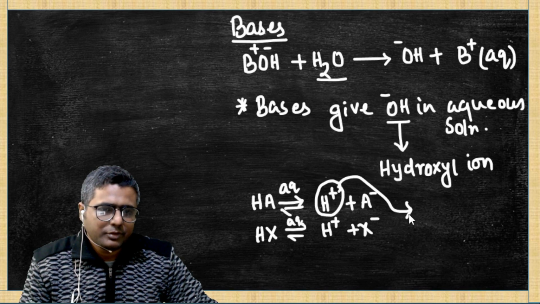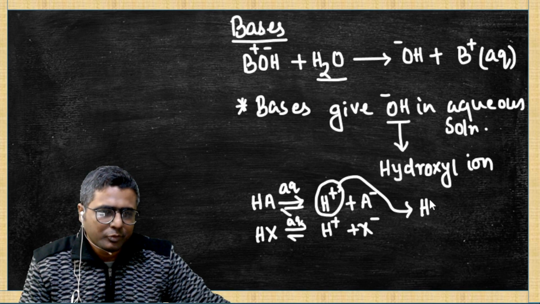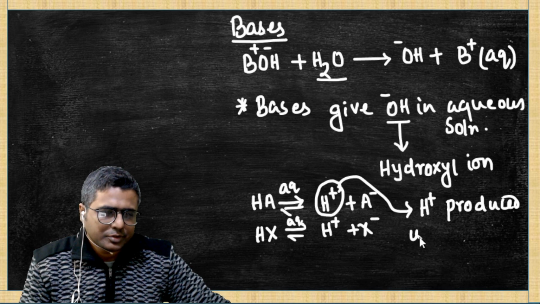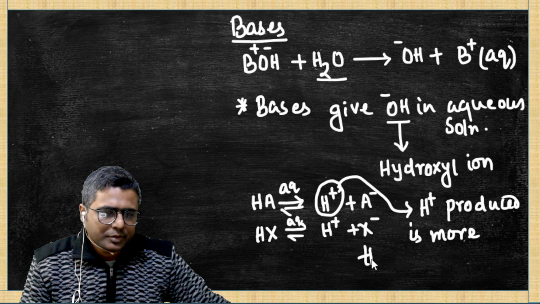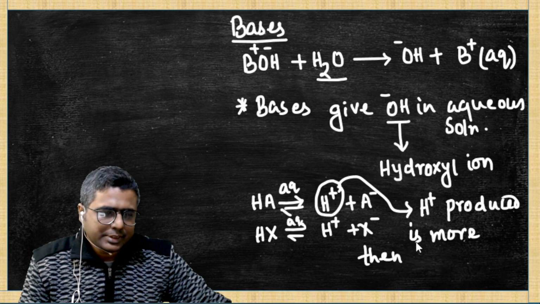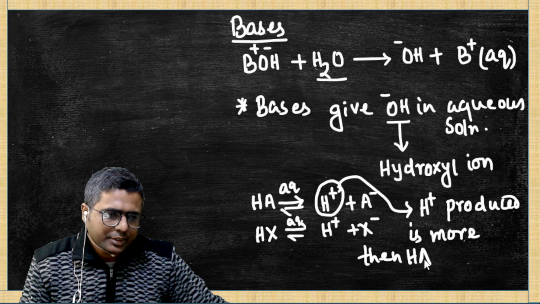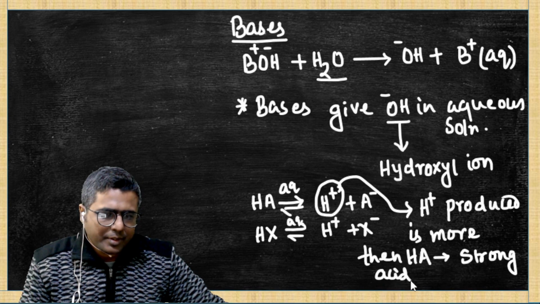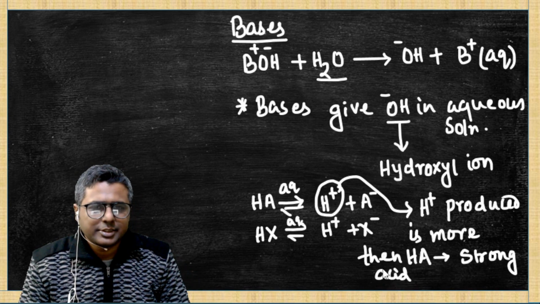So if the amount of H plus produced is more, then you can say HA is a strong acid.